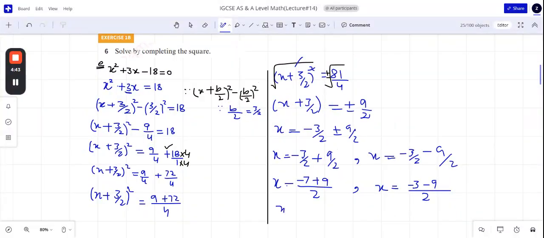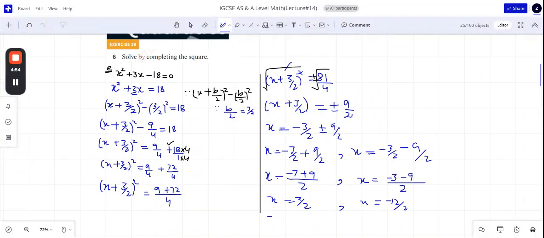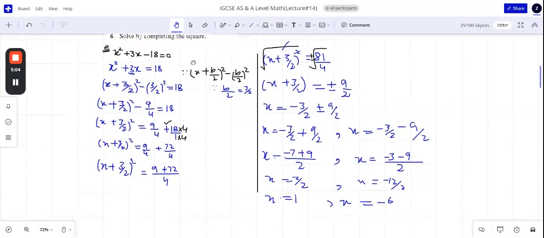So then x would be equals to 6 by 2, and here x would be equals to minus 12 by 2. Finally the x value would be equals to 1, and the second time x value would be equals to minus 6. So as we got the two values of x, x equals to minus 6 and 1.